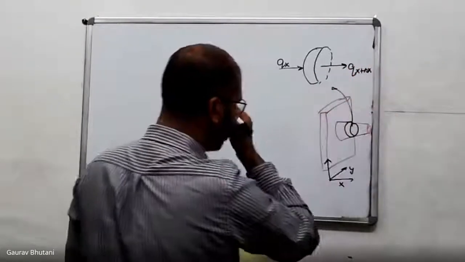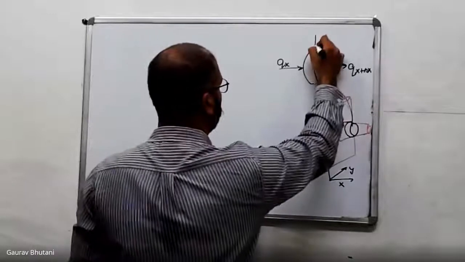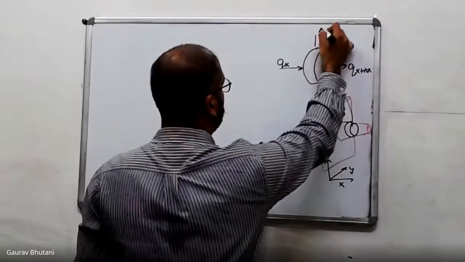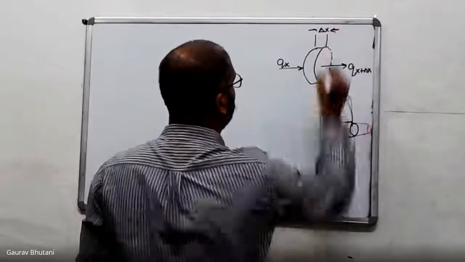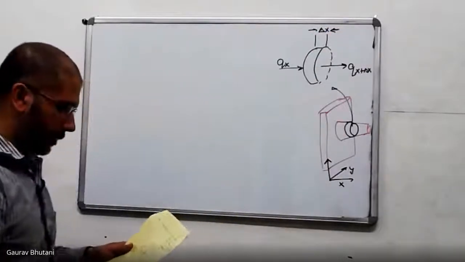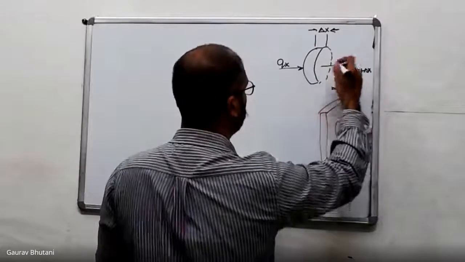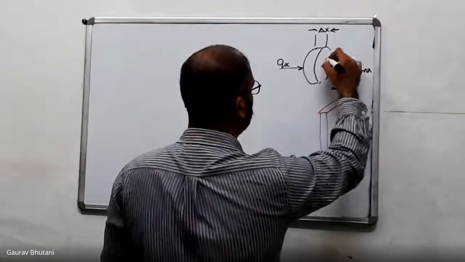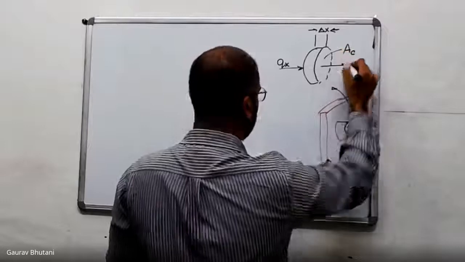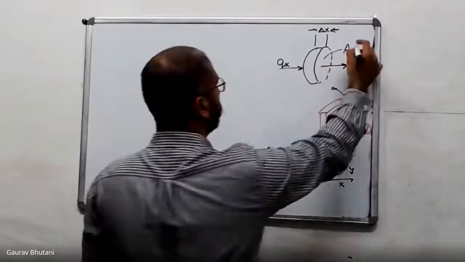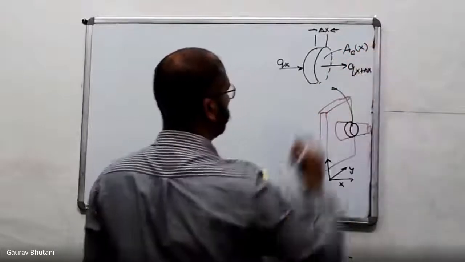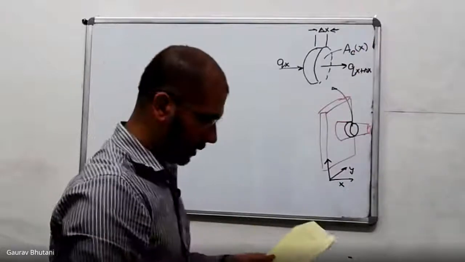Same as earlier. The thickness of this element is delta x. The cross section area for this element is AC. Now AC, remember, is a function of x. It is not a constant in this case.